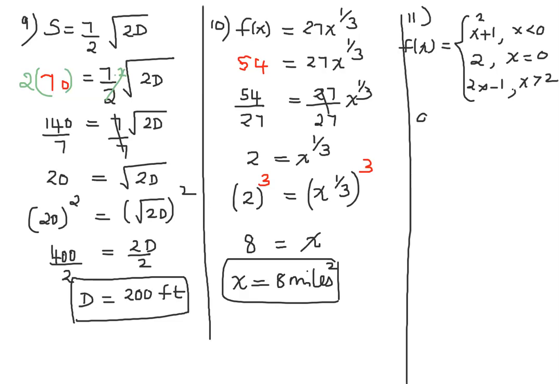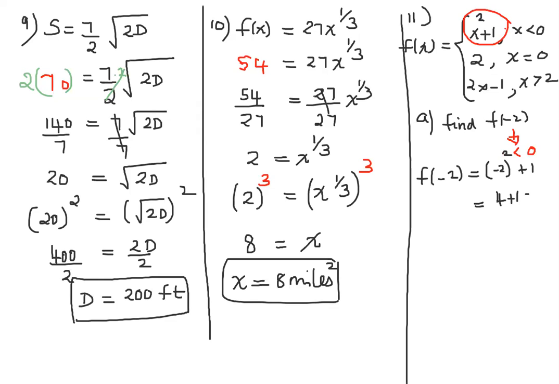Okay, so we have to find f of -2. -2 is less than 0, so it belongs to the first group. So f of -2, we have to plug in -2 squared plus 1, which is 4 plus 1, which is 5. So f of -2 is going to be 5.